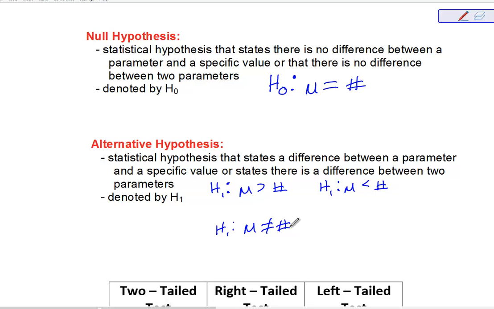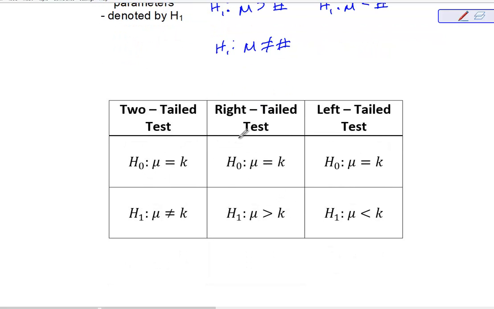The not equal to just means that they're stating that there is a difference between the two items, not that it's equal to or anything. In the table here, I have given what we call the three possibilities. We have a two-tailed test, and that is where the null hypothesis is equal to some number, k, and k just means the proposed value, and that the alternative hypothesis is not equal to.